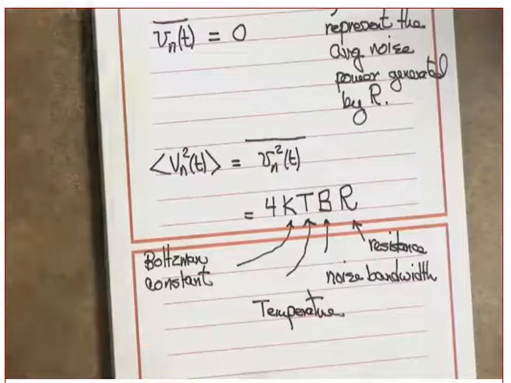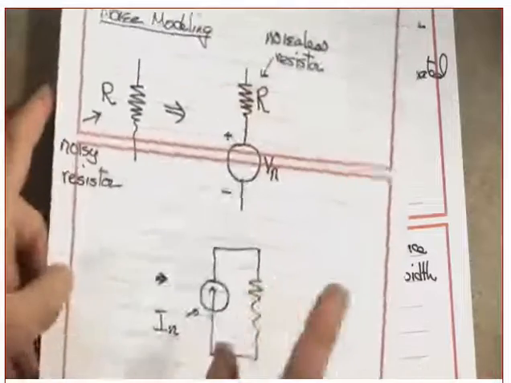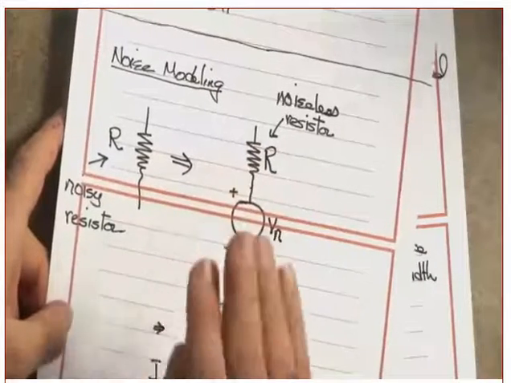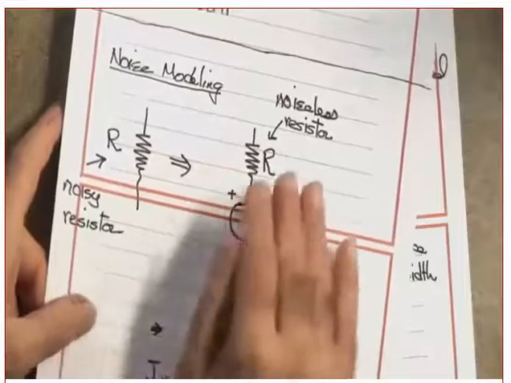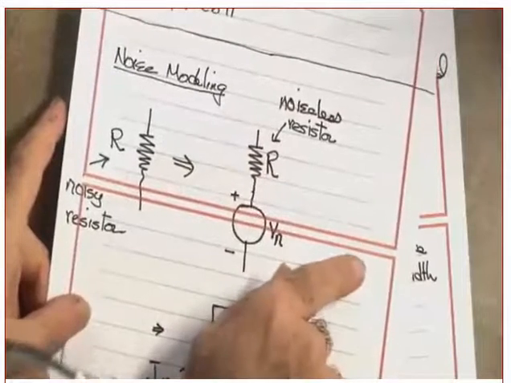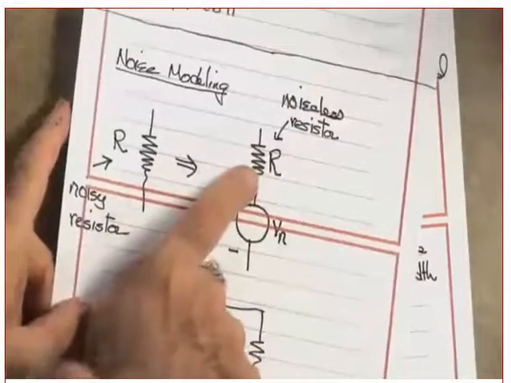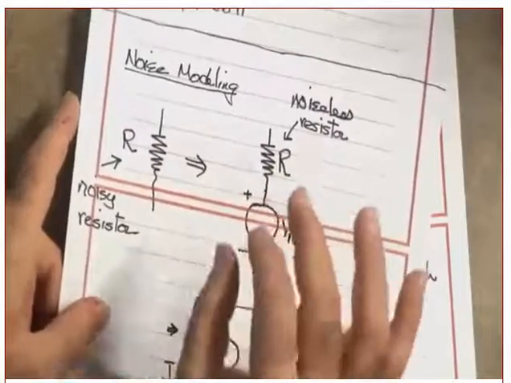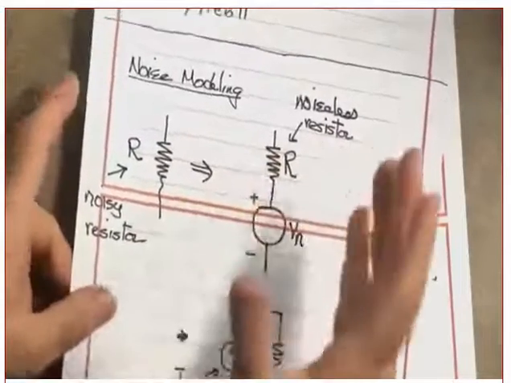Now, this is the noise power generated by R. I would like to find the noise power delivered to the load. This is not the load, this is the source of the noise.